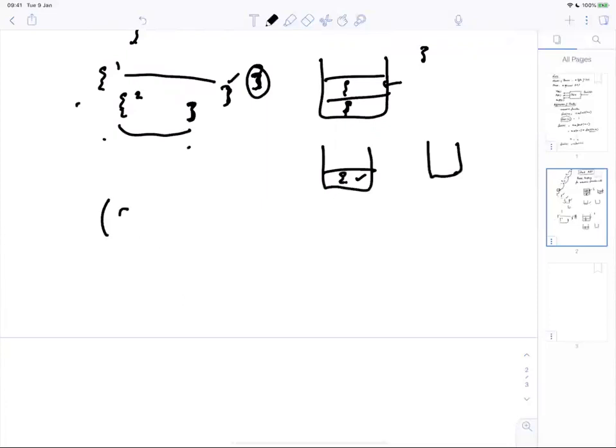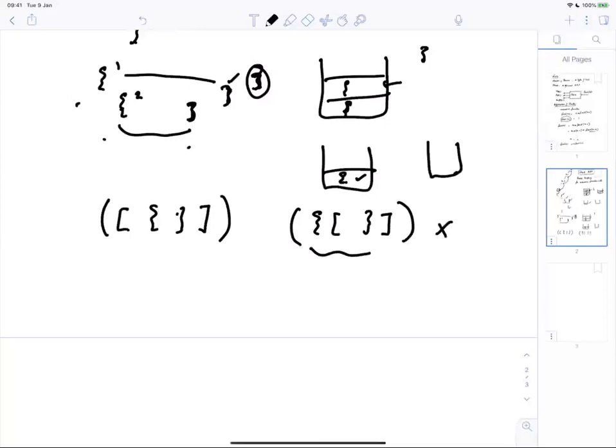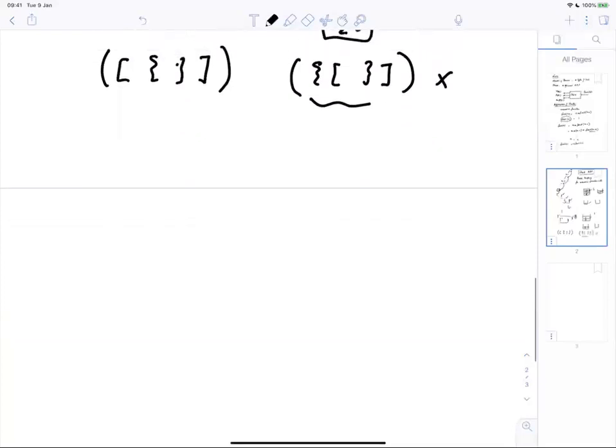You can also use it for various types of parentheses and ensure that things are balanced properly. For example, I can ensure that something like this is not properly balanced.